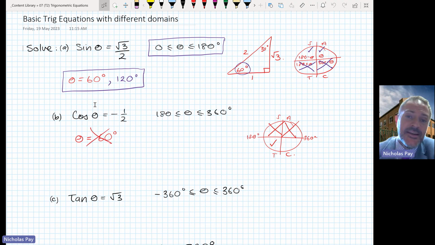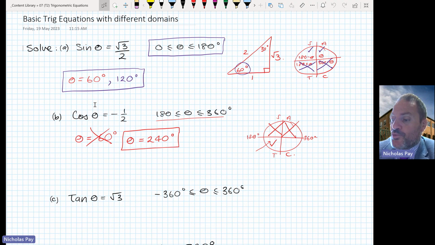Plus, my domain doesn't allow it to be in the first quadrant anyway. It can only be in the 3rd or 4th, but because it's negative, we've already said it can only sit in that 3rd quadrant. So we're saying 180 plus 60, which makes it 240 degrees. Now, that is my only solution.